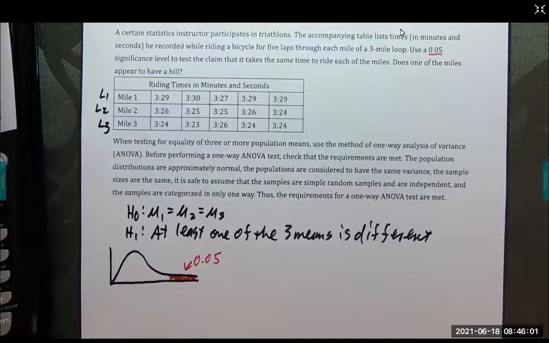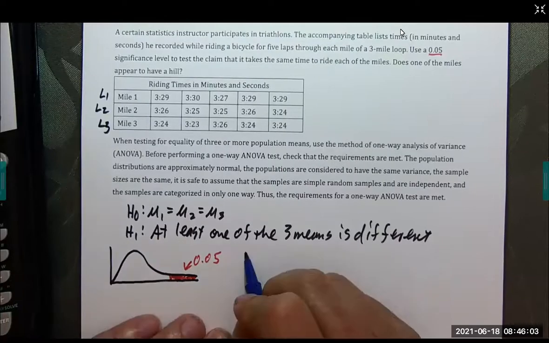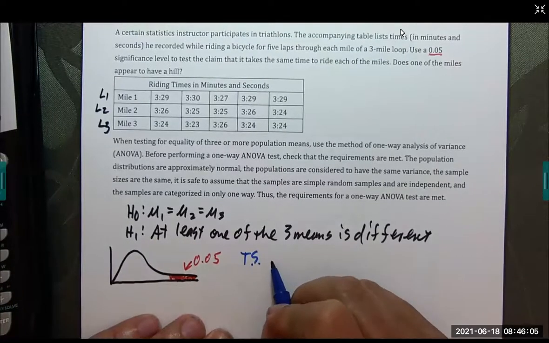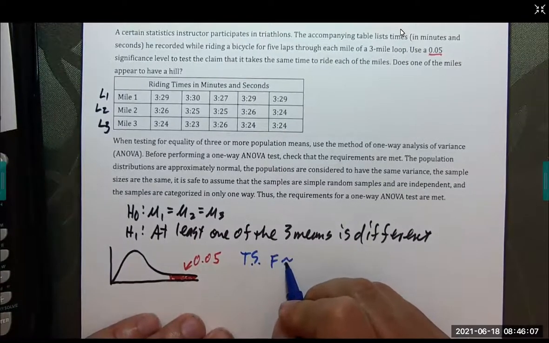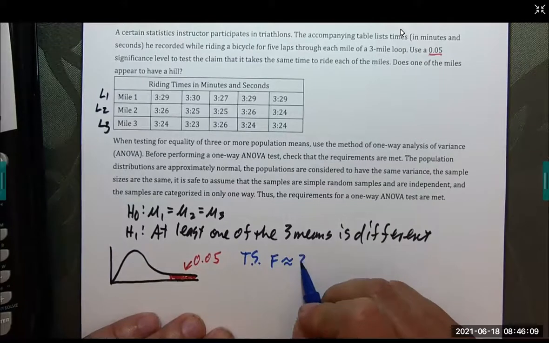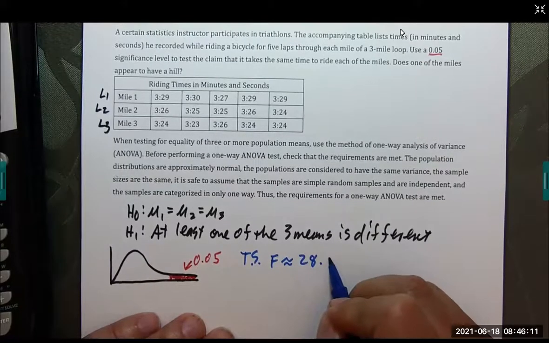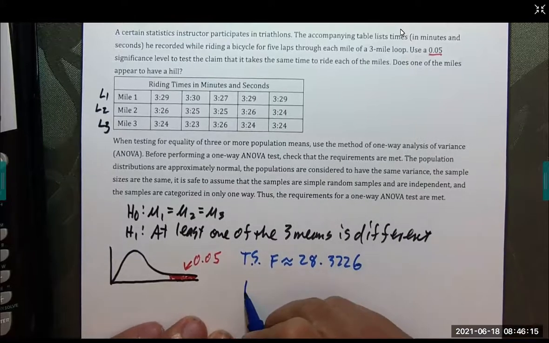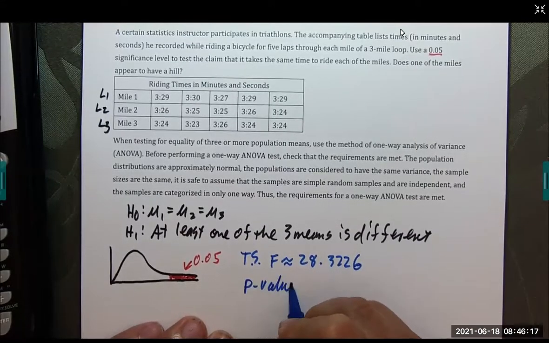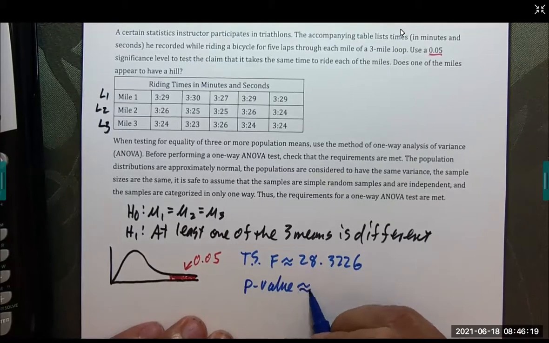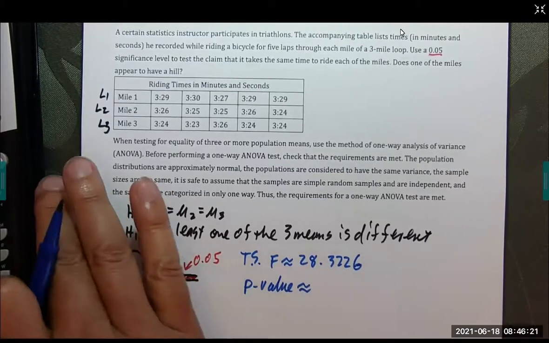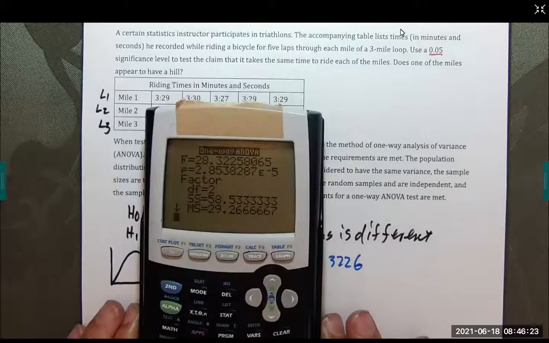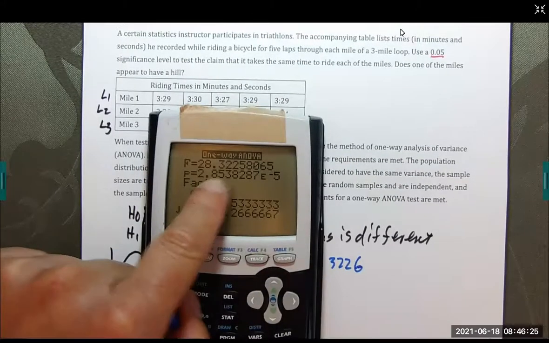So our test statistic F is about 28.3226. More importantly, the p-value, which is all we care about here, is 2.85, but that's actually times 10 to the negative fifth.